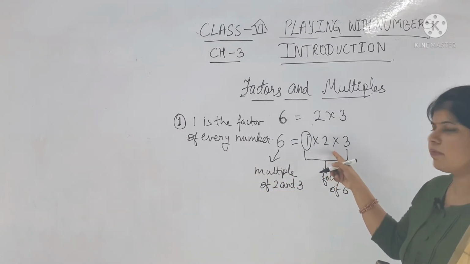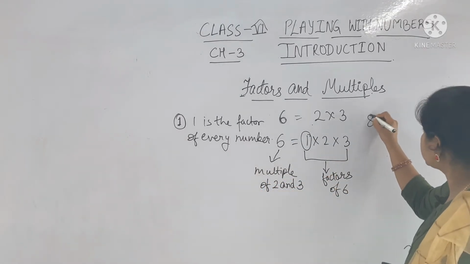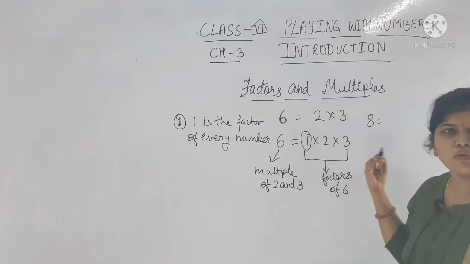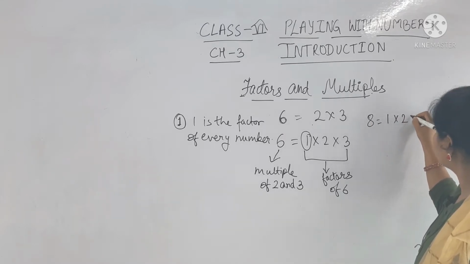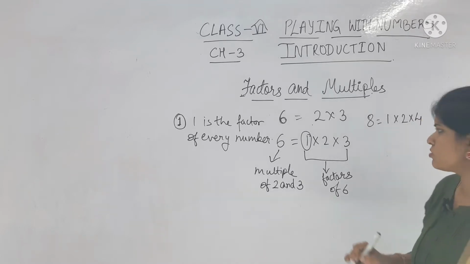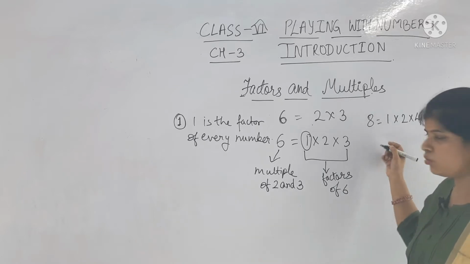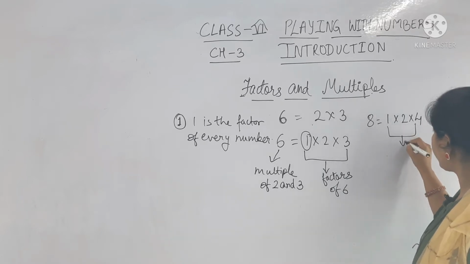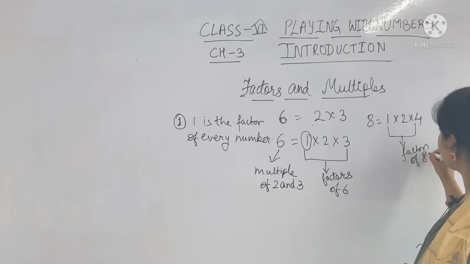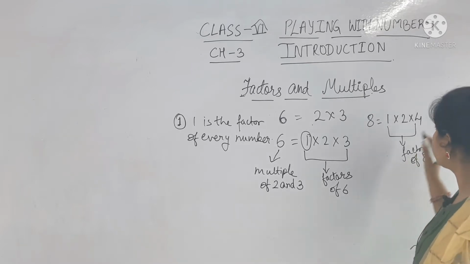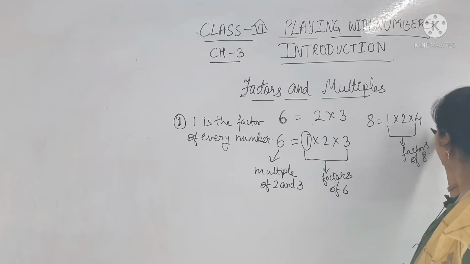If we take 8, we know that 2 4s are 8, so it will be 1 into 8, or 2 into 4, right? So 2 4s are 8 and 4 2s are 8, we know. So these are the factors of 8. 8 is also a factor of 8.